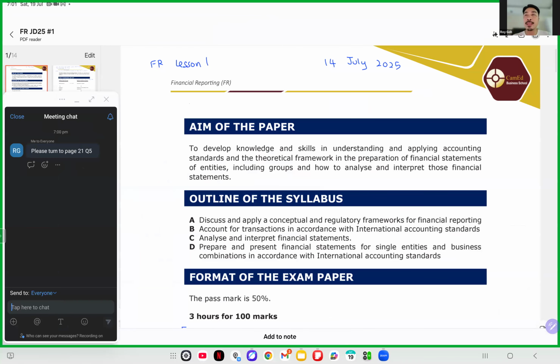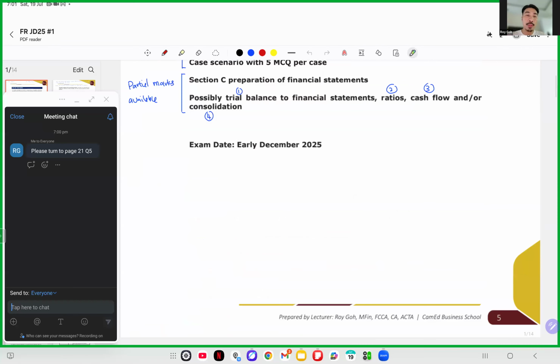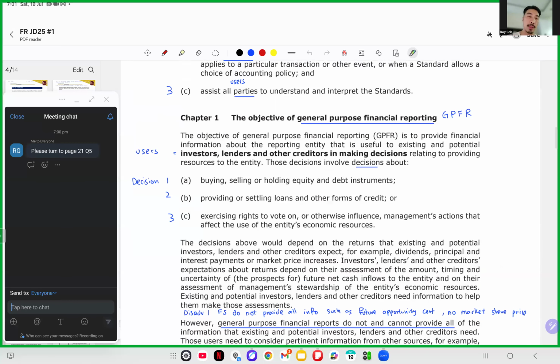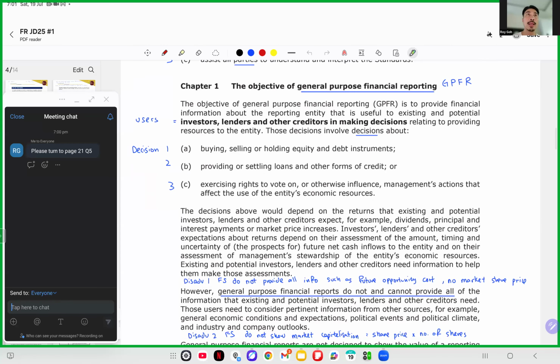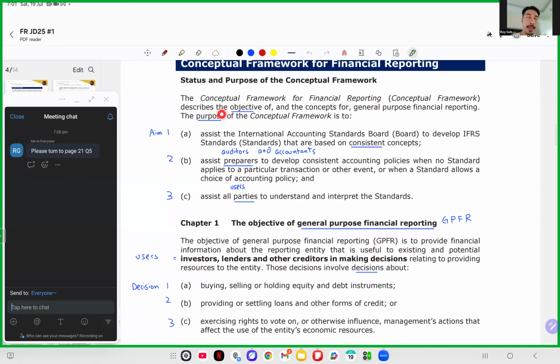remember after every lesson, I will update by uploading for you. So here was lesson 1, chapter 1. The objective, the purpose or the aim of the IASB is to show accounting standards that are consistent, to help preparers and users to make decisions.